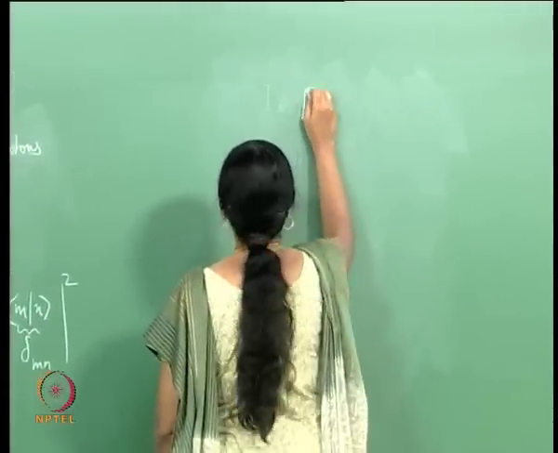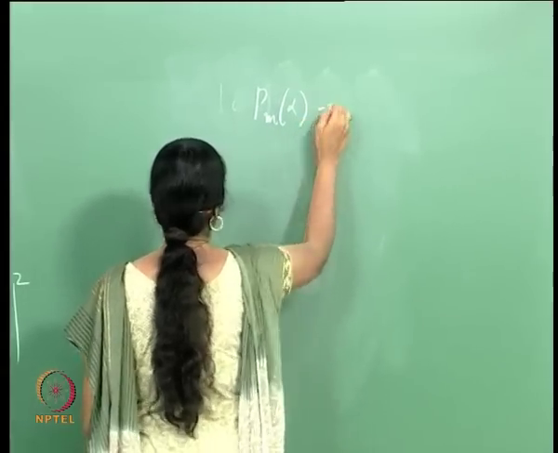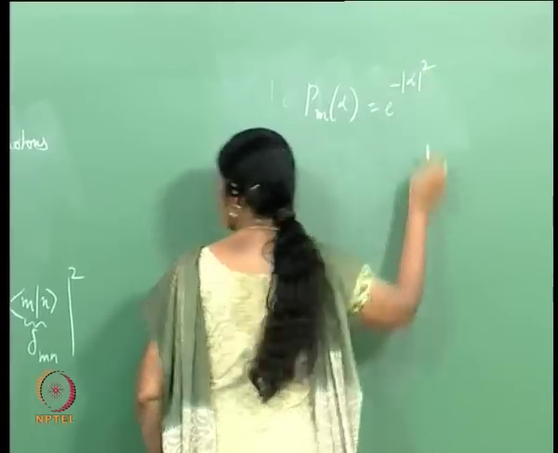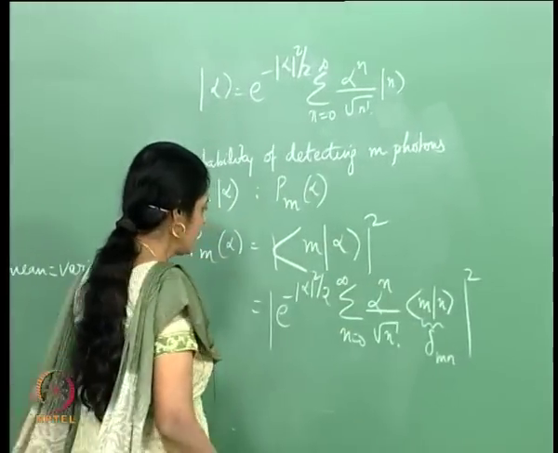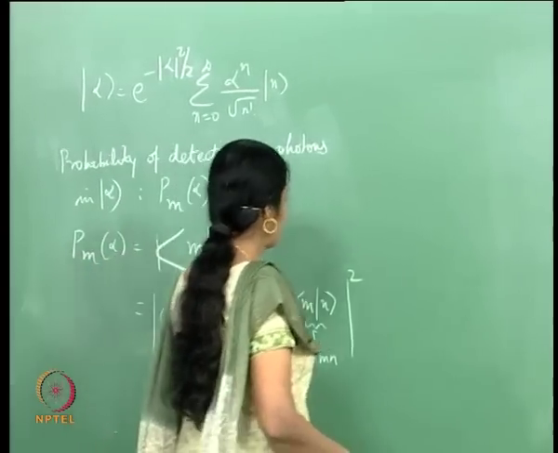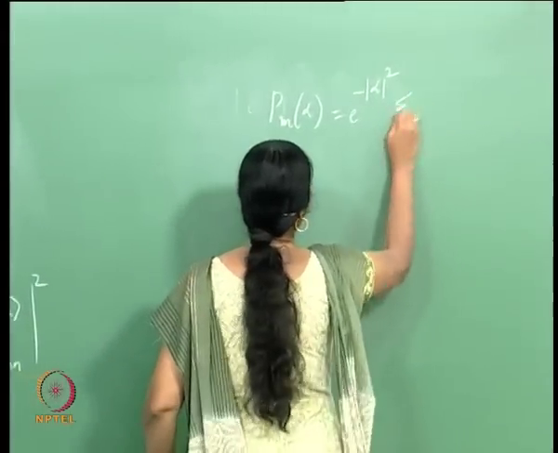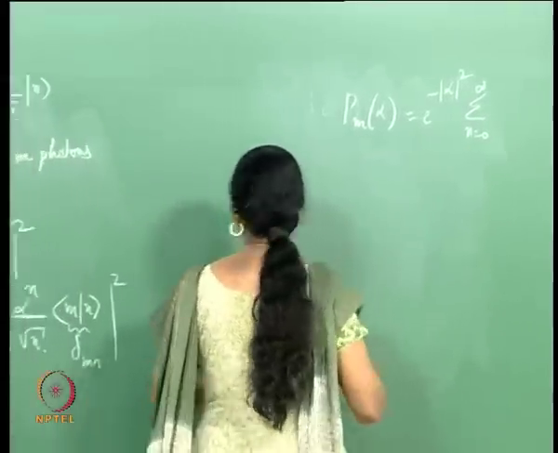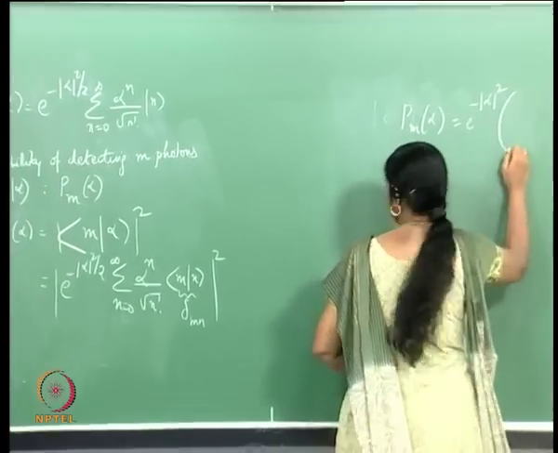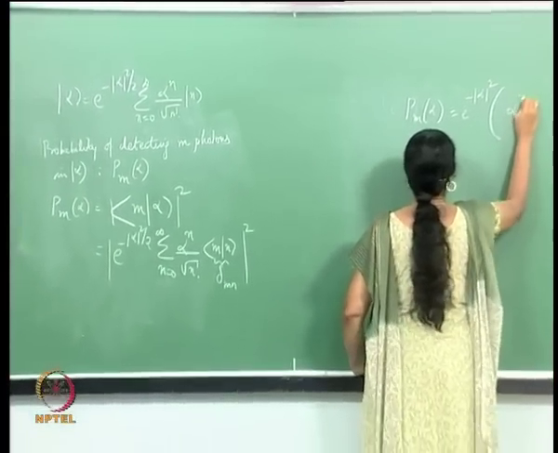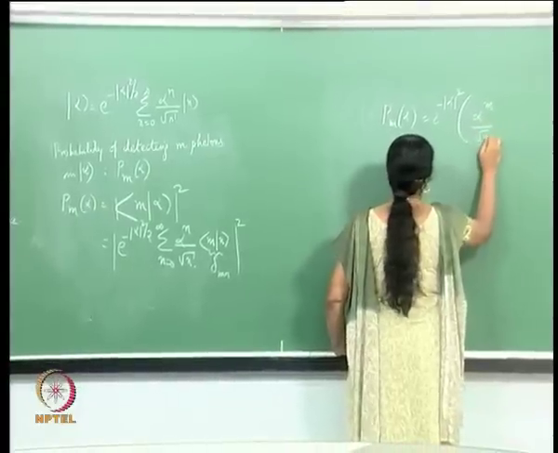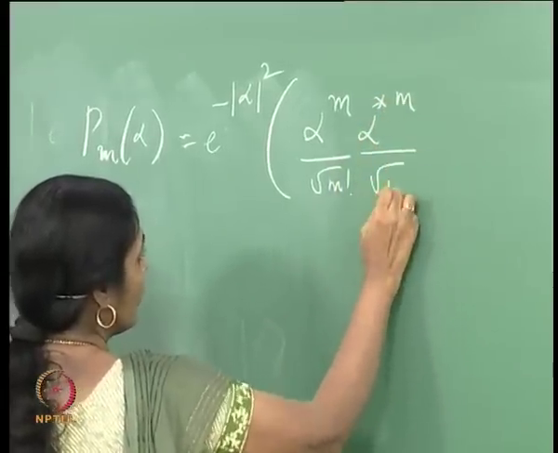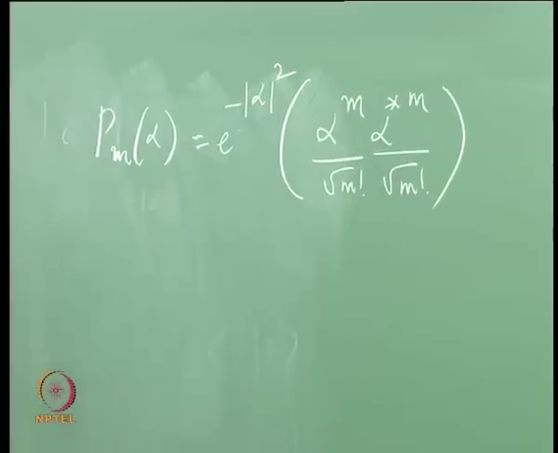Therefore, I have Pm of alpha equals e to the minus mod alpha squared. I have already squared this. Summation n equals 0 to infinity. The summation goes because of the delta mn, and I just have alpha to the m by root m factorial mod square, alpha star to the power of m by root m factorial, and that is all that I have.